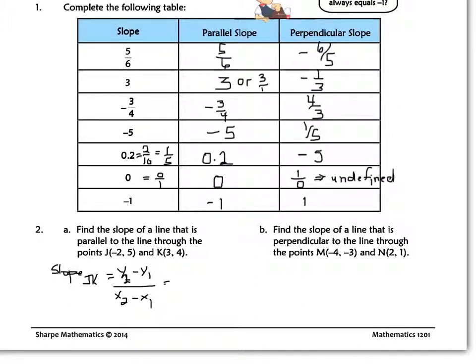So that will give you 4 minus 5 over 3 minus a -2, which would be -1 over 3 minus a -2, which is the same thing as 3 plus 2. So therefore, a line that's parallel would have the same slope.